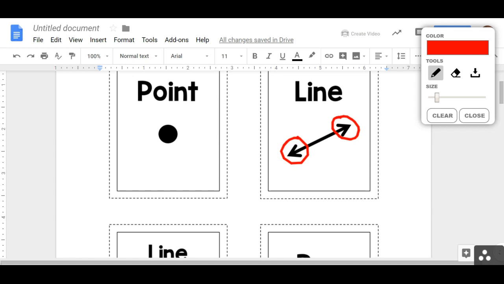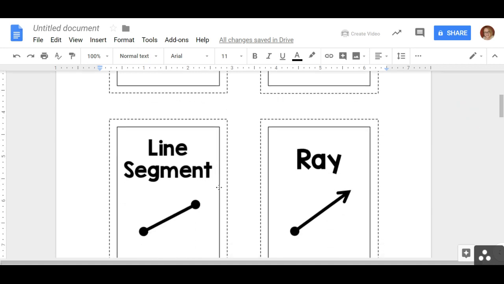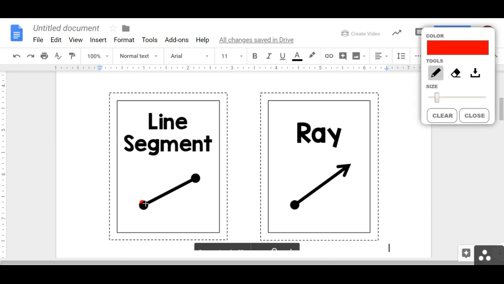What we should really be saying instead of line up in a line is, can I please get you to line up in a line segment? A line segment has a beginning and an end.